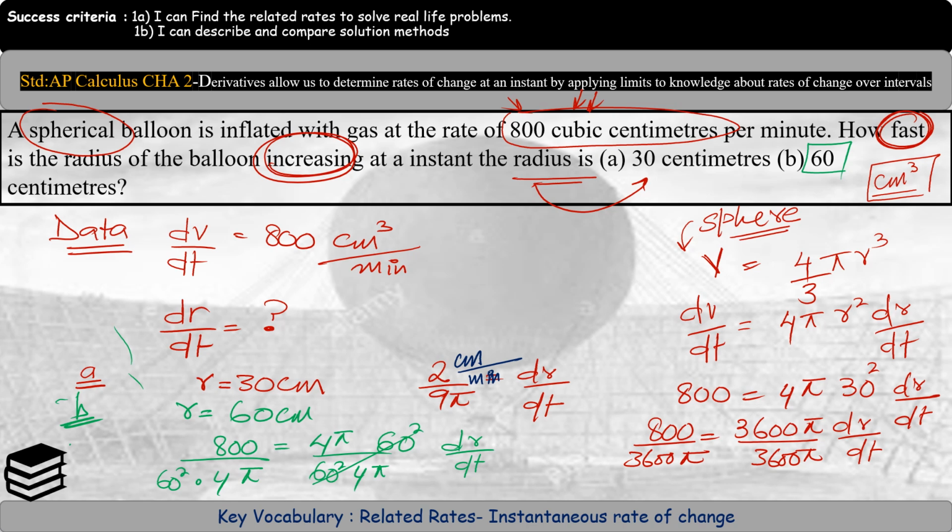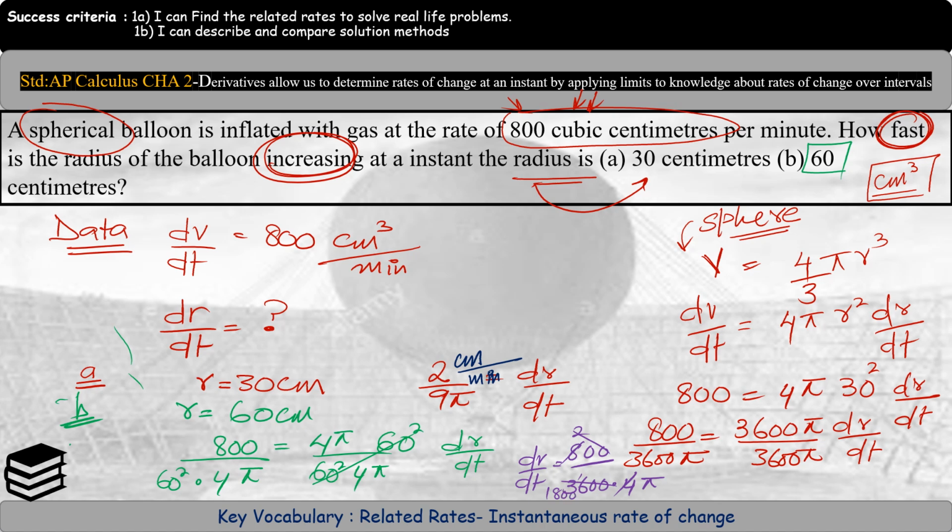So I am solving this question. Let's do it with purple. So you will have dr by dt equals 800 divided by 3600 times 4 pi. So 4 times 1, 4, it is 2. And here it will be 200 to 9, 2 ones are 2, 1800.